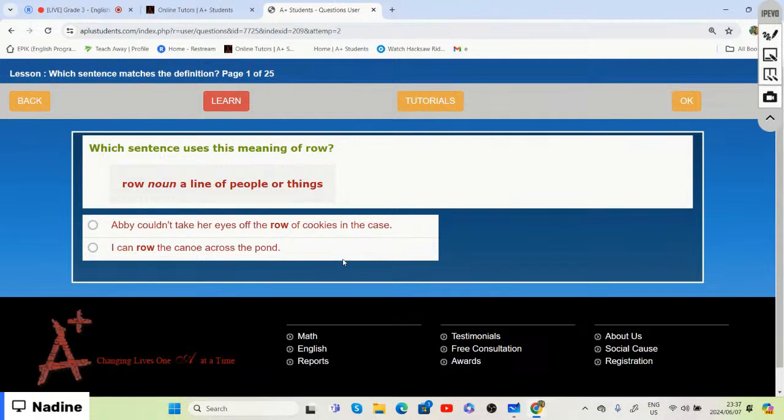So we have the word row, and row is, for example, where you can canoe across the pond, or use a little boat. Now we are rowing.